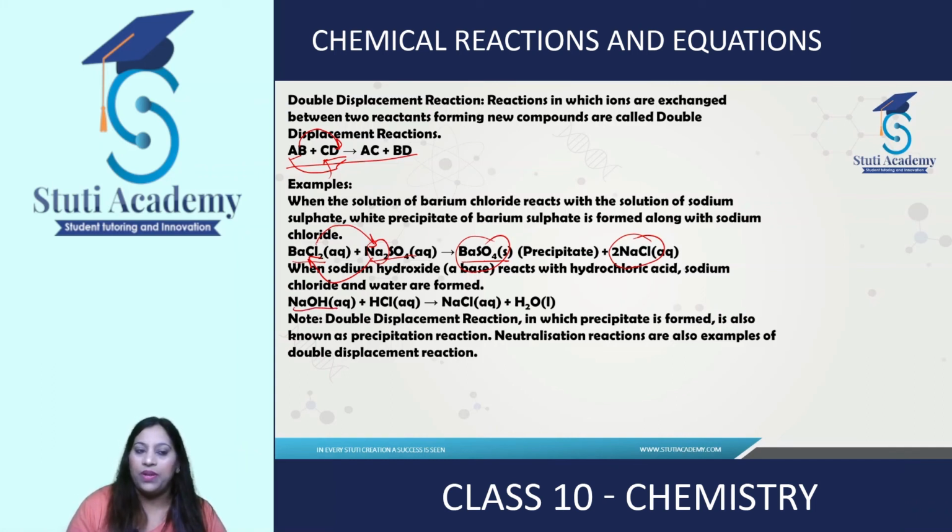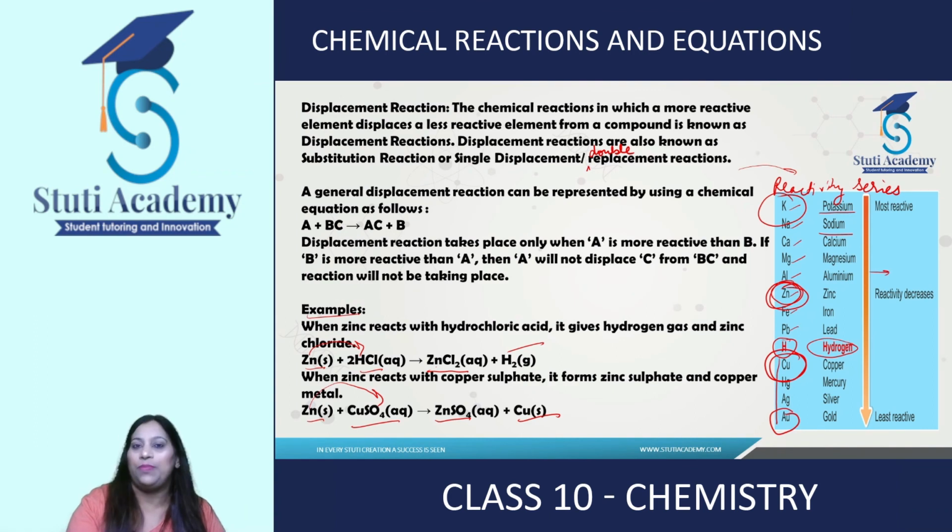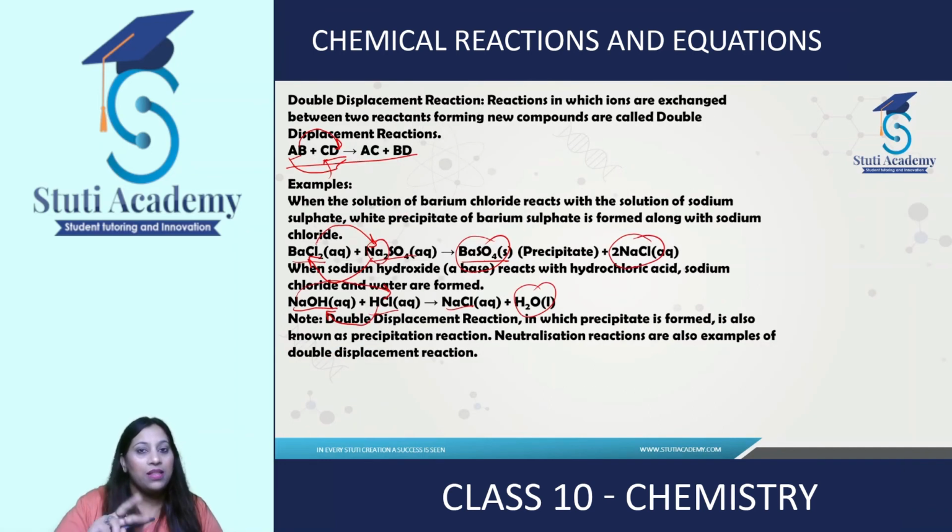Or another example is when sodium hydroxide reacts with hydrochloric acid, Na combines with Cl, which results in the formation of sodium chloride, and H combines with this H and O and it becomes water. Now this is the difference between double displacement reaction and single displacement reaction. In displacement, only one element displaces other. In double displacement, there is exchange of ions takes place or twice displacement takes place.